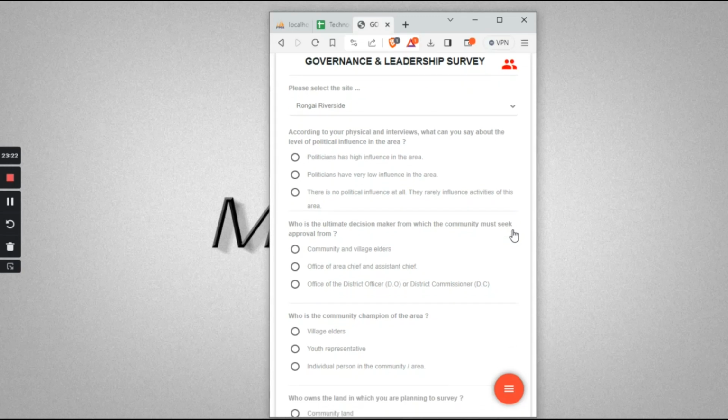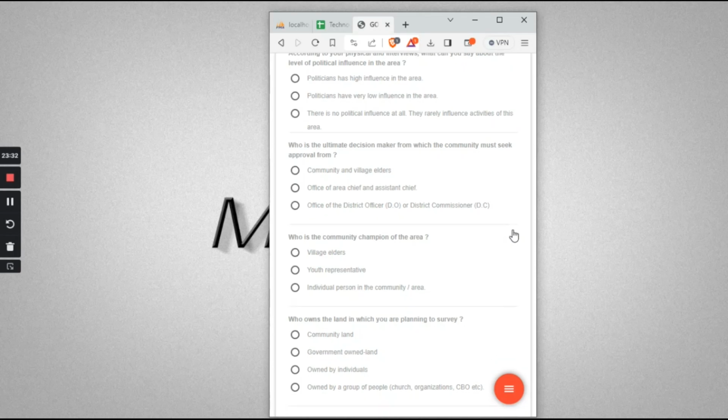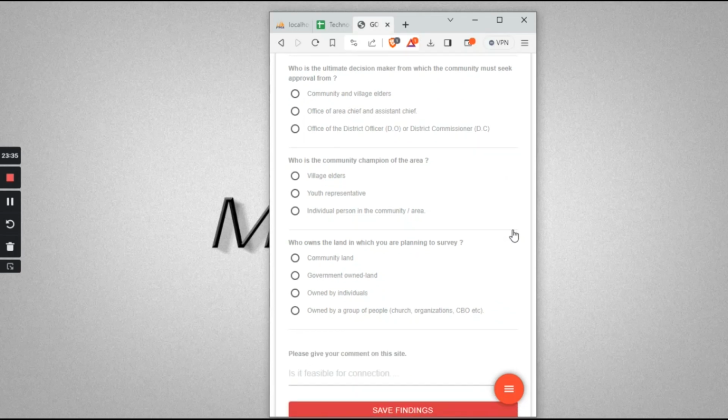Also look at the ultimate decision maker, who calls the shots in that community, because that is someone that you need to know. Remember, looking at the 3 Fs, we are now in the phases. So who is that person that you need to talk to? Who is that champion that will walk you through in the community?